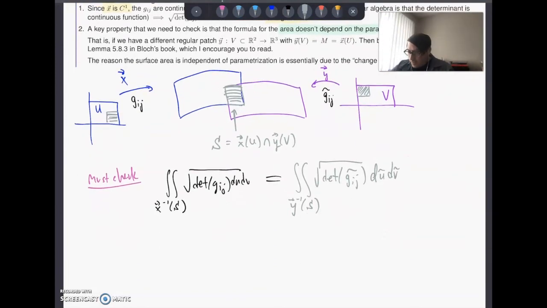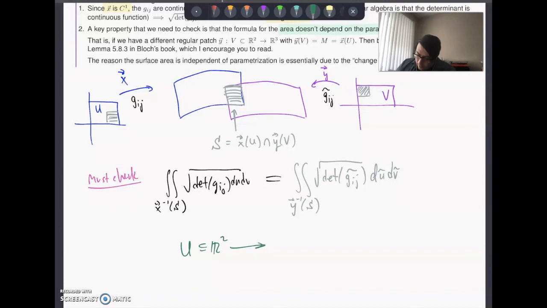Let me just give you a tiny hint as to why it is true. The hint is, we want to consider a map from the plane U to the plane V. Let's call this phi. So this is just a function from 2 space to 2 space. And what we're going to do is call this y inverse composed with x.